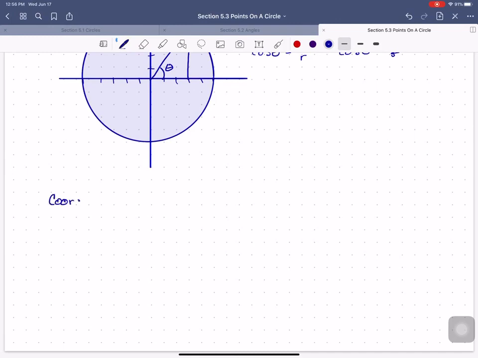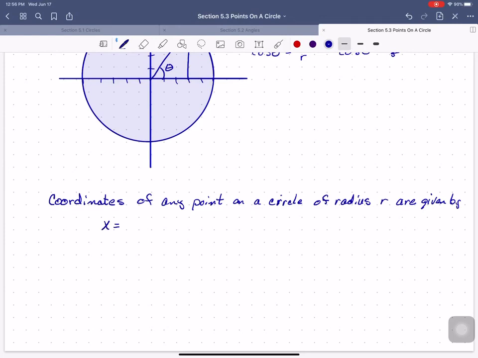The coordinates of any point on a circle of radius r are given by x equals r cosine theta, y equals r sine theta, where theta is the angle of rotation that gets us to that point.